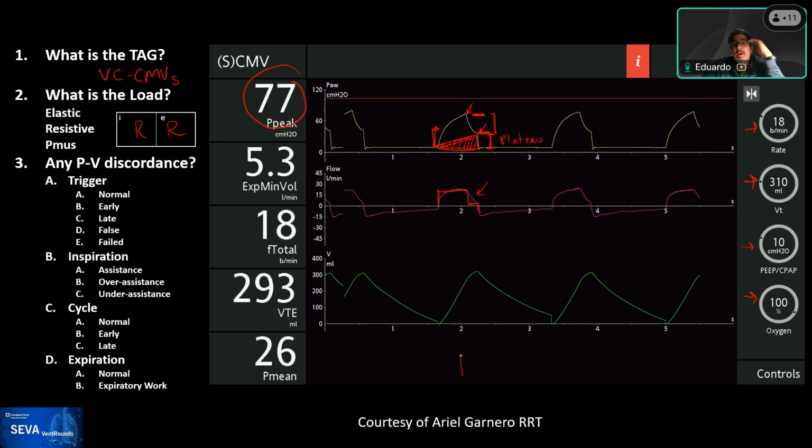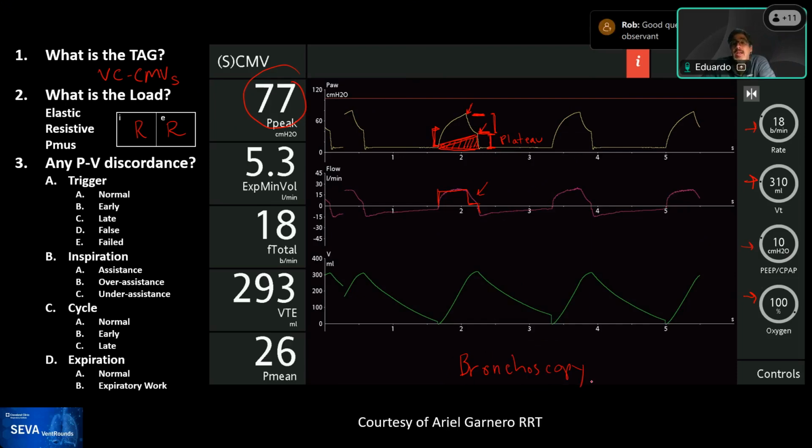The patient was undergoing an emergent bronchoscopy. So the patient was intubated and went on to have a bronchoscopy. And this image that you see here with high resistance is while the bronchoscope is inserted through the ventilator.